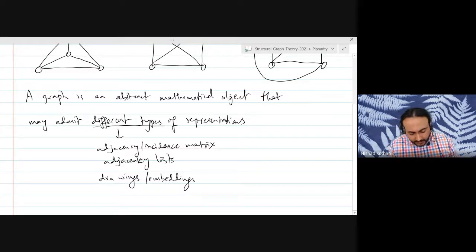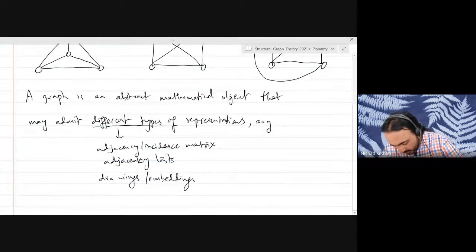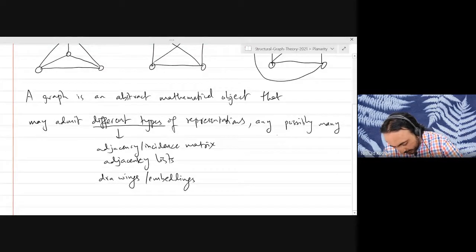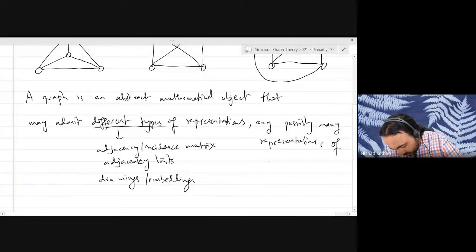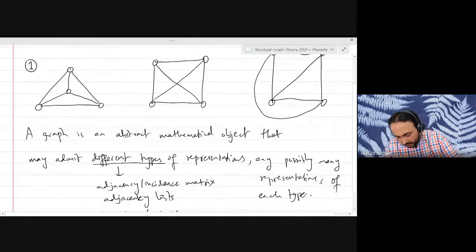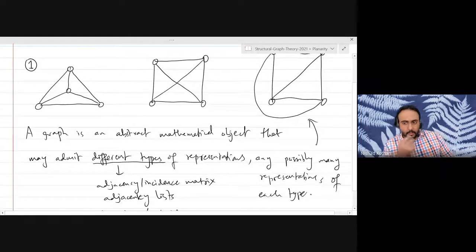So there are different types of representations and possibly many representations of each type. So what I mean here is if you're looking at the drawings of K4, then well, here are three drawings that look different.